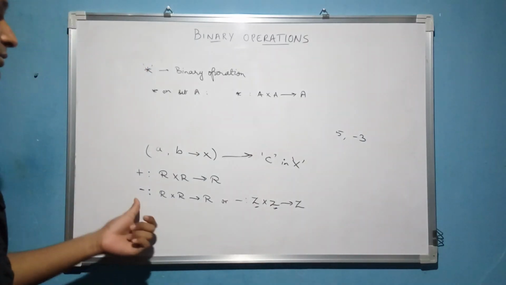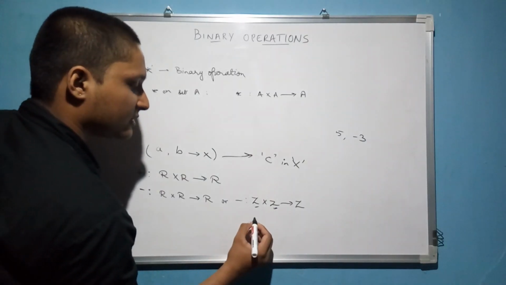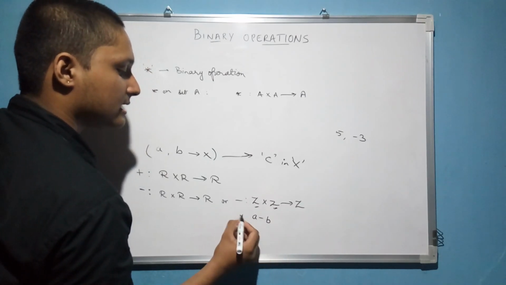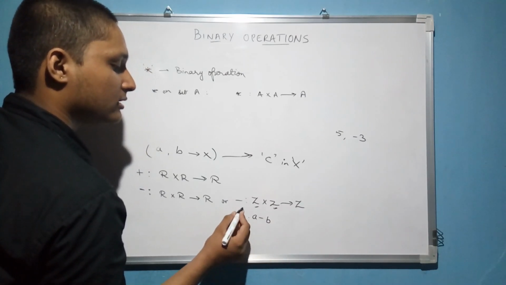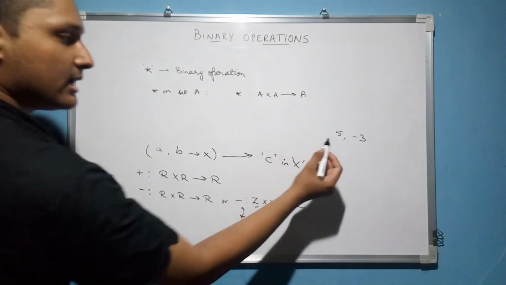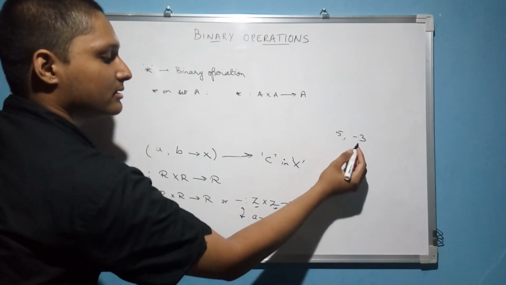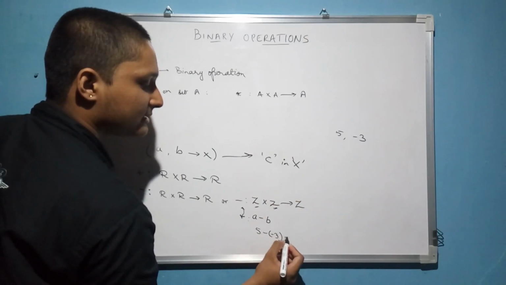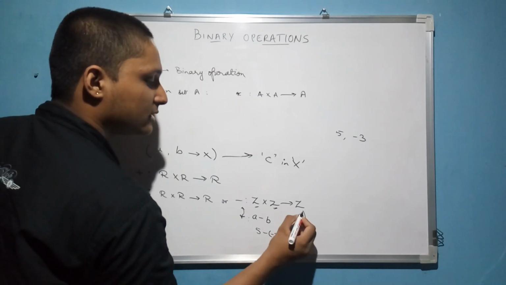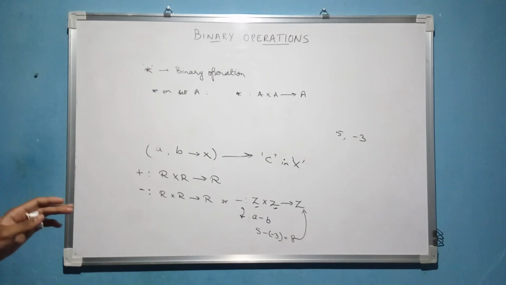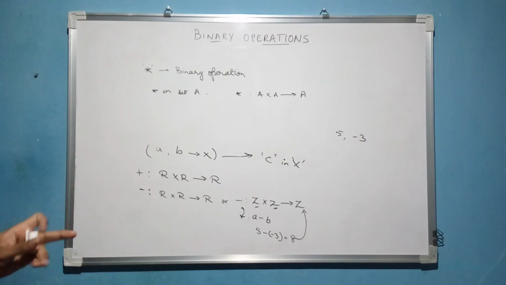Right? I need to do A minus B. With respect to this star it is a negative. So A minus B, A is 5 here, B is minus 3. 5 minus of minus 3 is equal to 8. So 8 also belongs to this Z. That is called a binary operation.